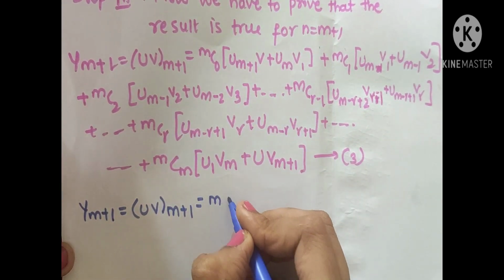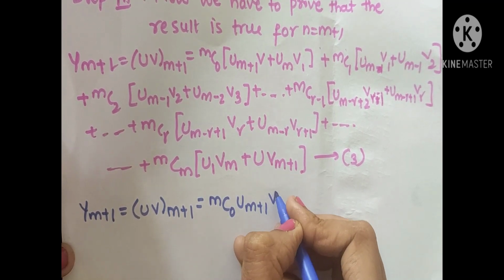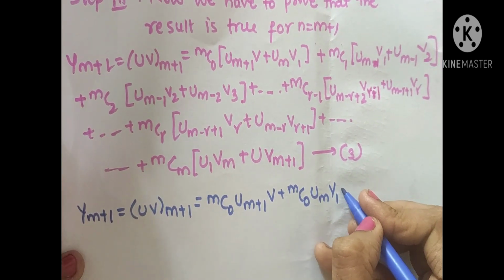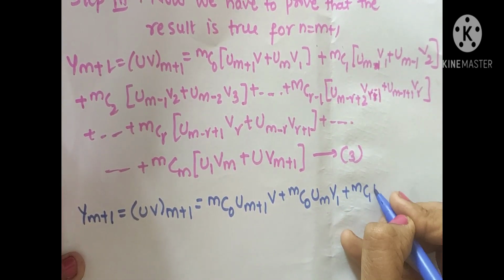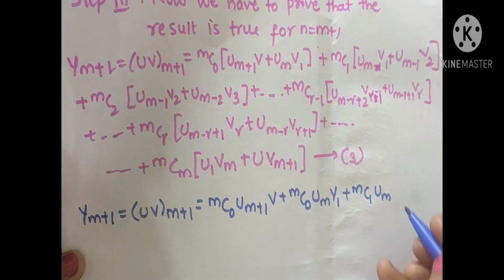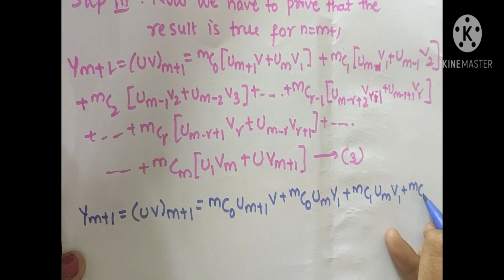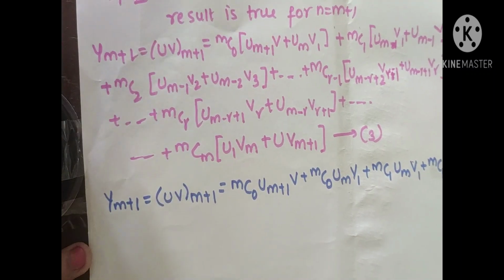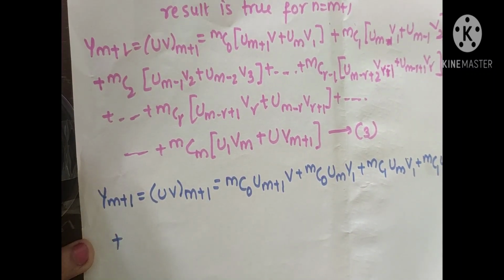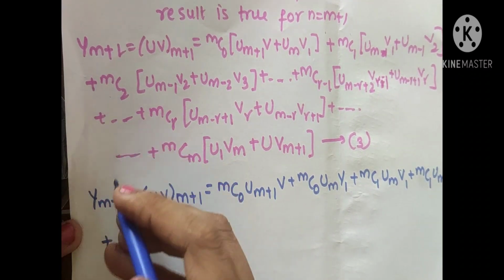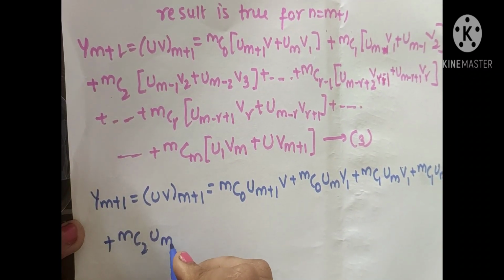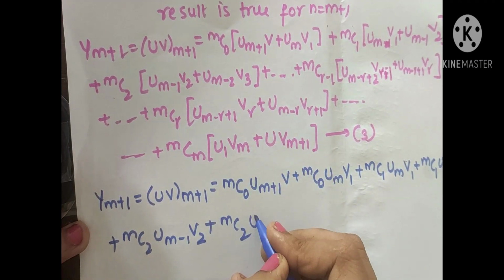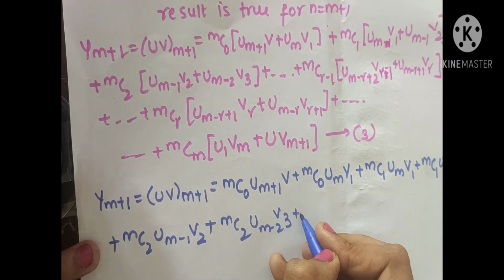So this becomes mc0 um plus 1 v plus mc0 um v1 plus mc1 um v1 plus mc1 um minus 1 v2, okay. The next one, mc2 um minus 1 v2, mc2 um minus 2 v3, so on.